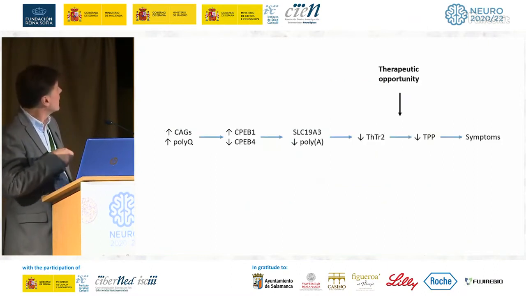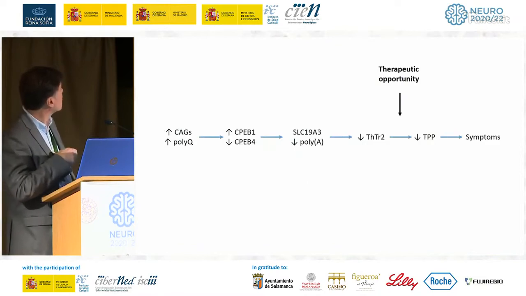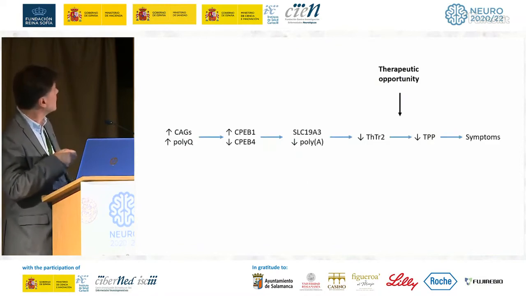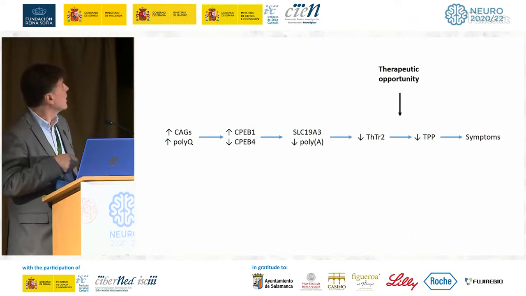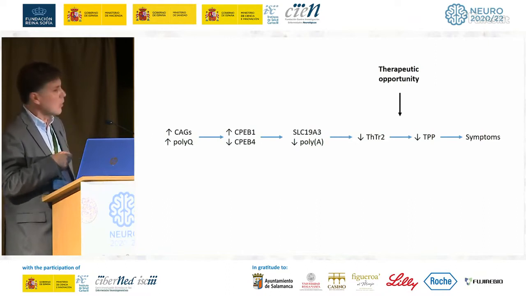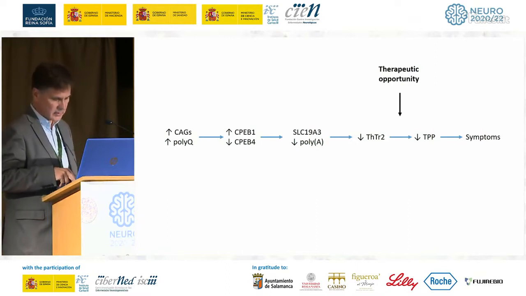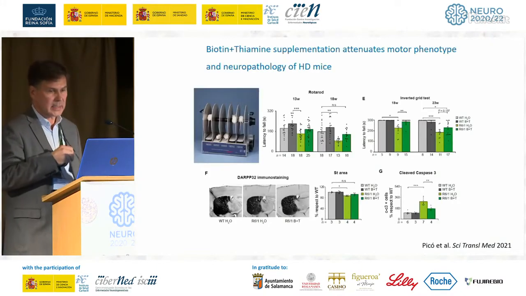And therefore, our working model is that the CAG mutation leads to this alteration in the CPEBs that leads to deadenylation of the transcript, which ends up with lower levels of the transporter and lower levels of TPP. And this offers a clear opportunity for therapeutic intervention, and that's what we tested preclinically in the mice.